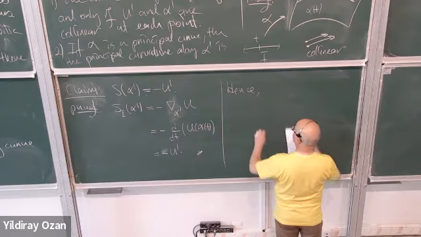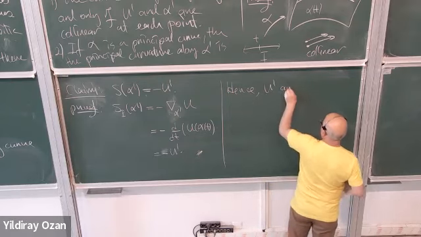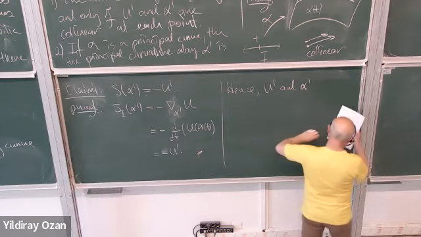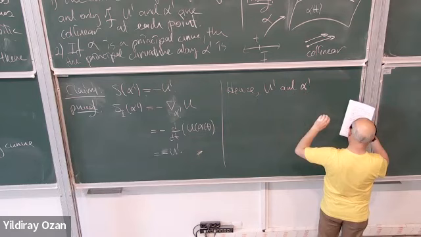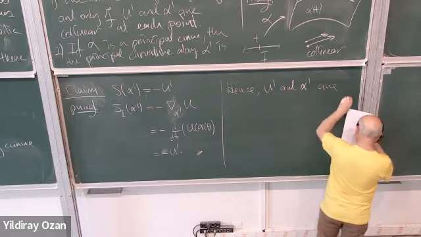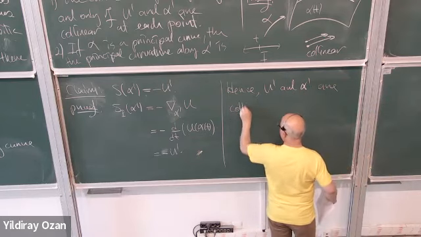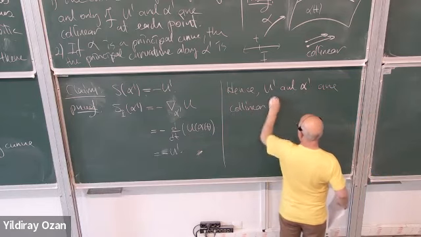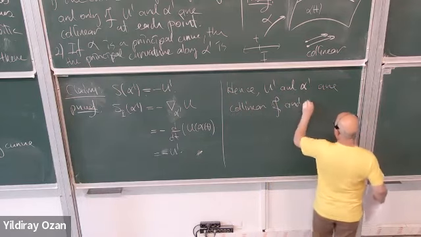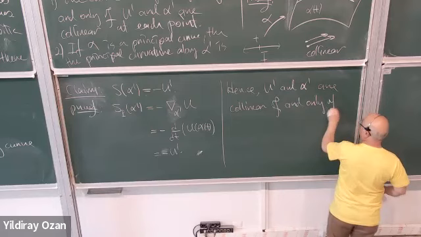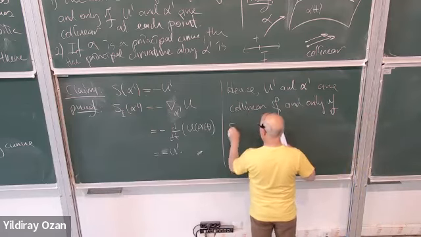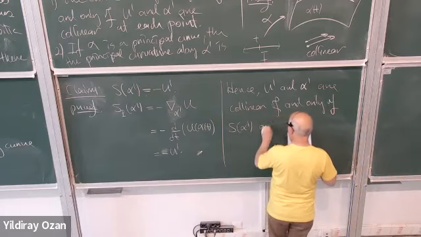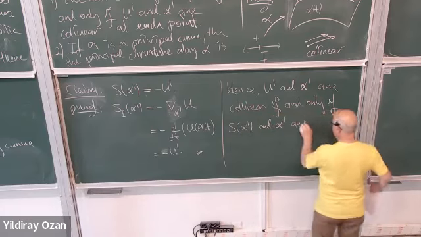So u prime and alpha prime are collinear if and only if S of alpha prime and alpha prime are collinear.